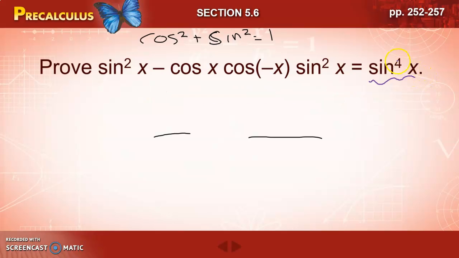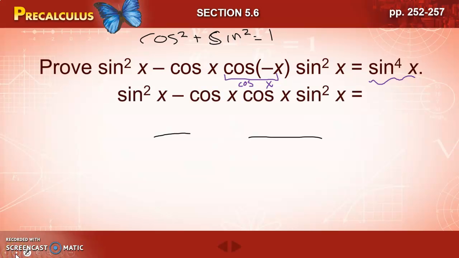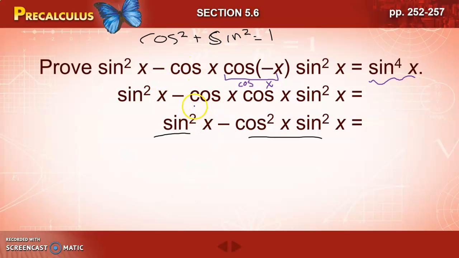We're going to substitute using this fact that cosine of negative x is the same as cosine x. Because it is an even identity, we can substitute and write cosine x times cosine x, or we can rewrite that as cosine squared x. All right, so we do a quick substitution and simplify there.